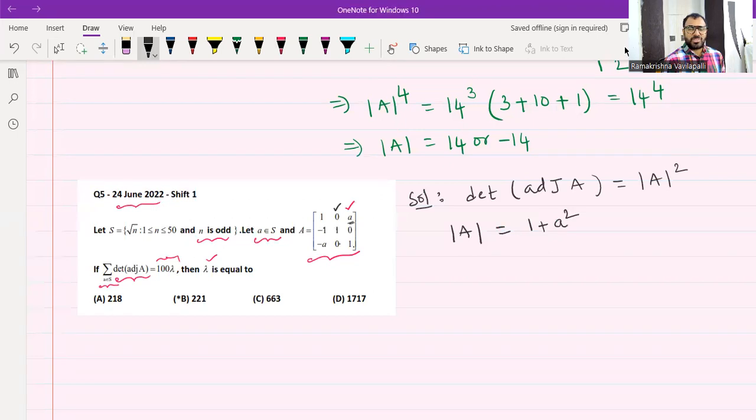We'll substitute here. So now they are asking that here A belongs to S. So sigma over A belongs to S. What is determinant of adjoint of A? Equal to determinant, sigma over A belongs to S. Here determinant of adjoint of A is det A whole square.